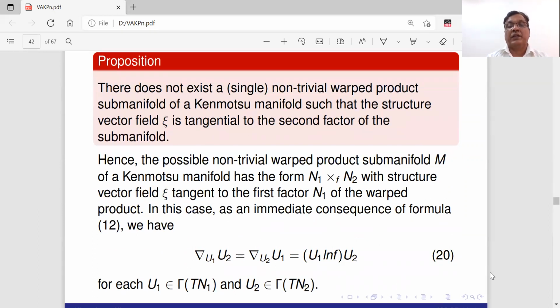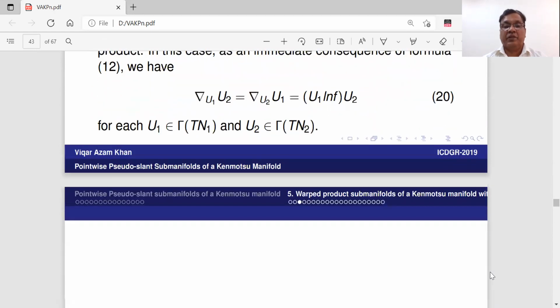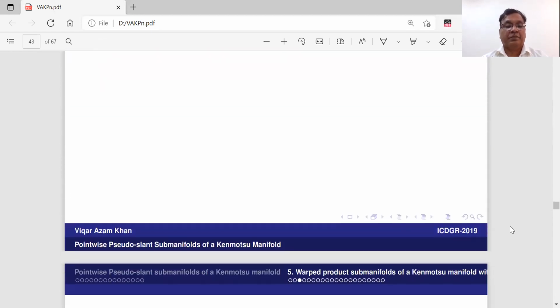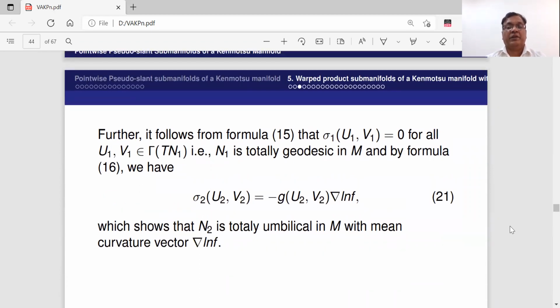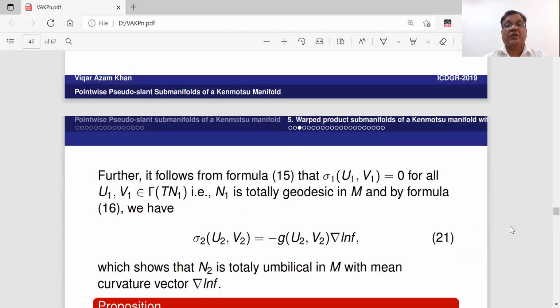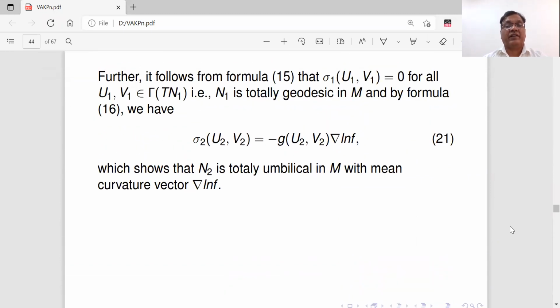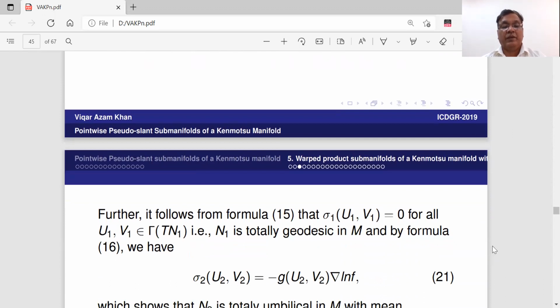So this is the form that an existent warp product submanifold will have. And therefore, the formula on this submanifold reduces to this, given by equation number 20. And the second fundamental form inside M, sigma of U2, is this, which also tells you that the second factor is in fact totally umbilical in M.